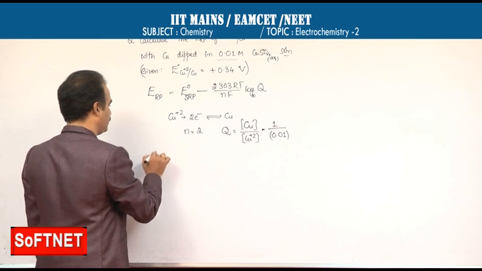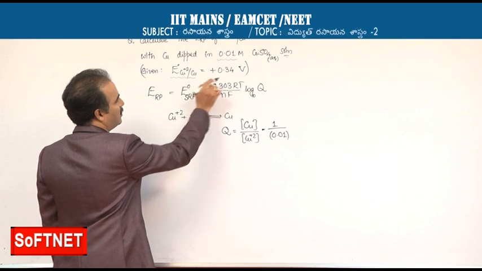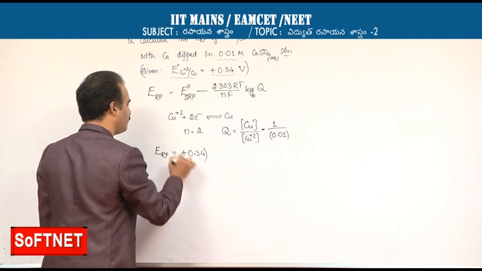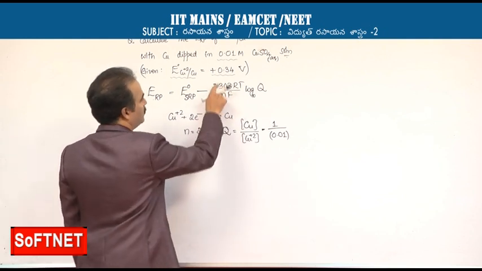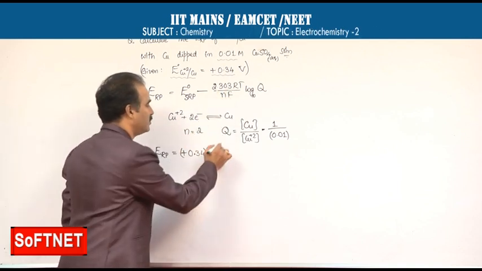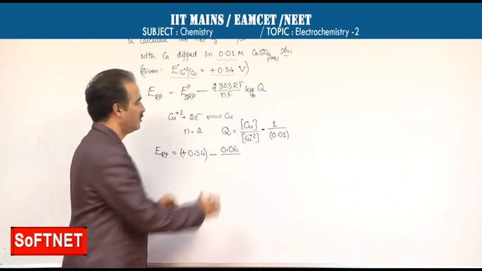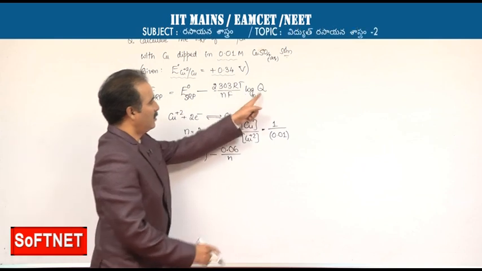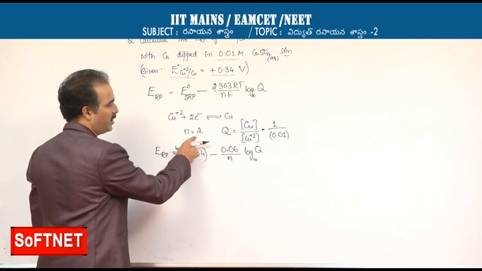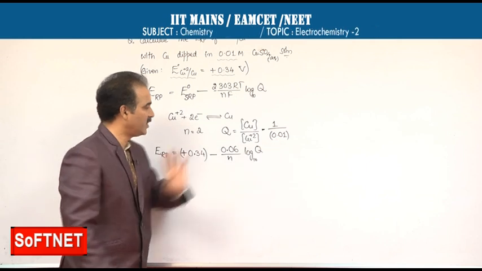Substituting in the equation, the reduction potential is equal to the standard reduction potential, which is plus 0.34 volts, minus 2.303 RT by nF. Substituting all the constant values, it reduces to 0.06 by n and then log Q. We write log Q to the base 10, and we know n is equal to 2 according to the reaction, and Q is equal to 1 by 0.01.